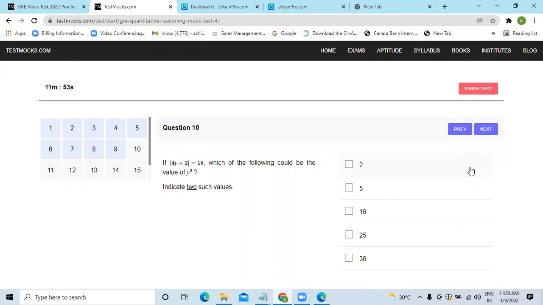It's going to be 16, sir. No, there's one more value.